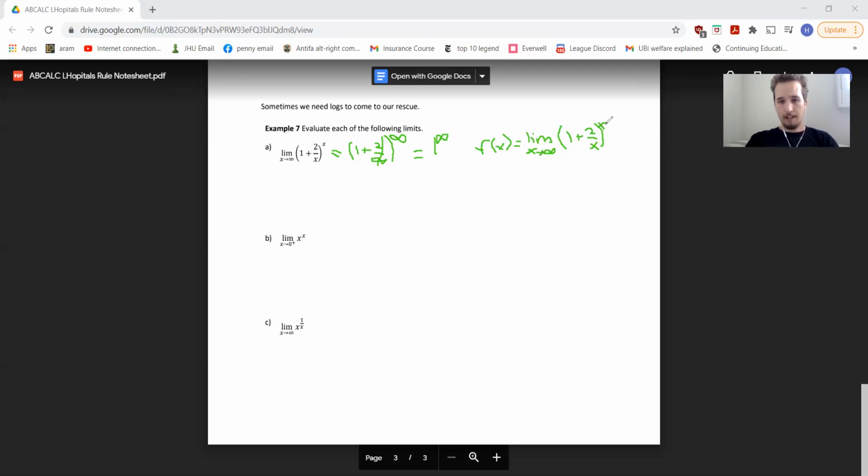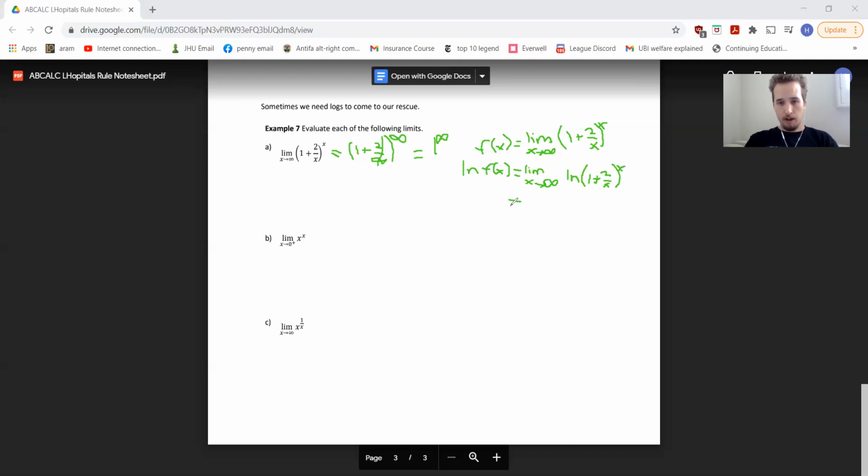Well, we can get rid of this exponent by taking the log of both sides. So ln of f of x, we get the limit as x goes to infinity of ln of 1 plus 2 over x, to the x.